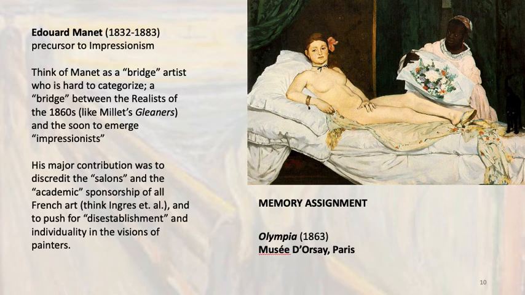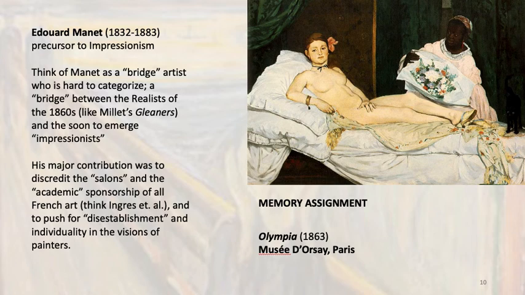Here we see Édouard Manet again with Olympia. He's this bridge artist between the realists, you might say, like Millet's Gleaners from the 1860s, and the soon to emerge Impressionists. And now, if you hear pages turning, I'm looking at some of the commentary in the book Culture and Ideas, which you can also take a look at. I've sent you that link.